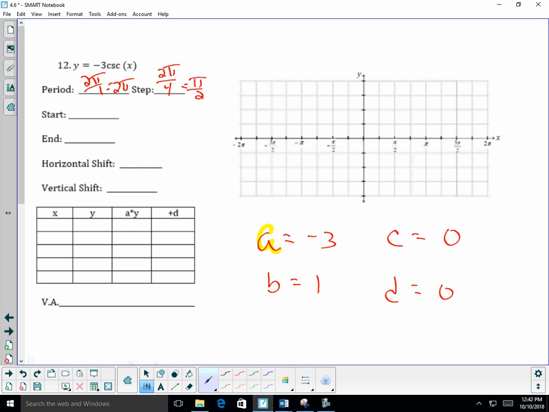To find my start, I take whatever's in that parenthesis and set it equal to 0. So I'm going to have x is equal to 0. The only one you have to remember not to set equal to 0 is tangent. To find my end, I take whatever's in that parenthesis and set it equal to 2 pi. So I'm going to start at 0 and go up by pi over 2.